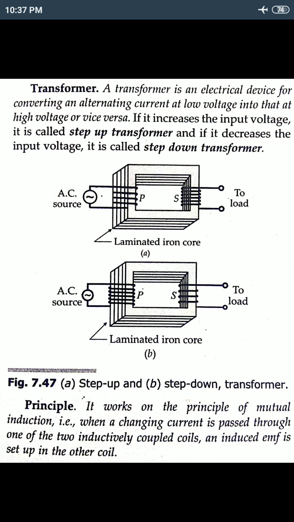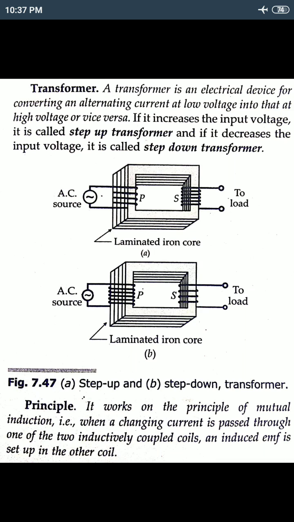The transformer mainly consists of two coils of insulated copper wire having different numbers of turns wound on the same soft iron core. The coil P to which electrical energy is supplied is called the primary, and the coil from which energy is drawn or output is obtained is called the secondary.